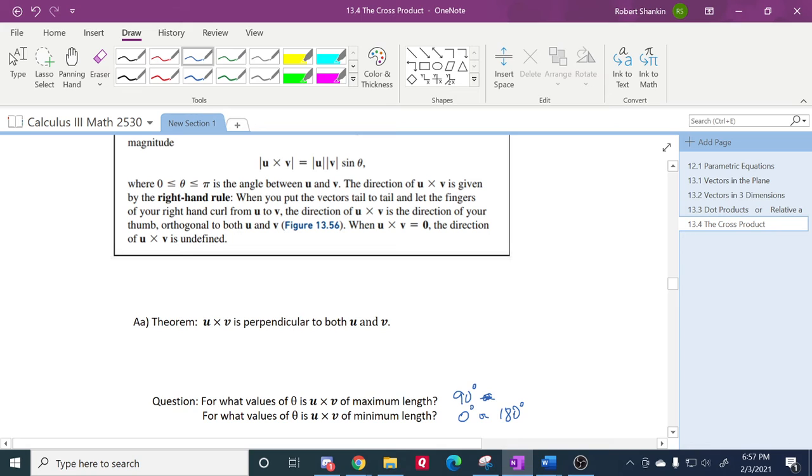Okay. And notice that this is exactly the opposite of what we were getting with the dot product. When was the dot product going to be maximum? When was it going to be minimum? The dot product was maximum when u and v are pointing in the same direction. But here, 0 degrees is when they're pointing in the same direction, and that's when you're going to get the minimum.